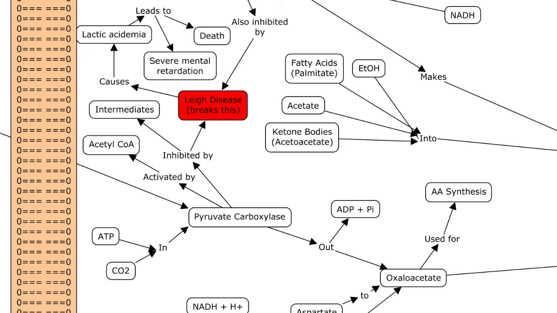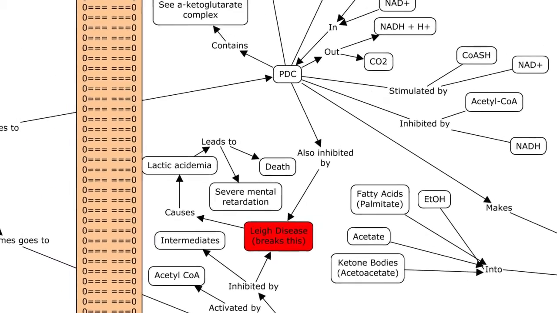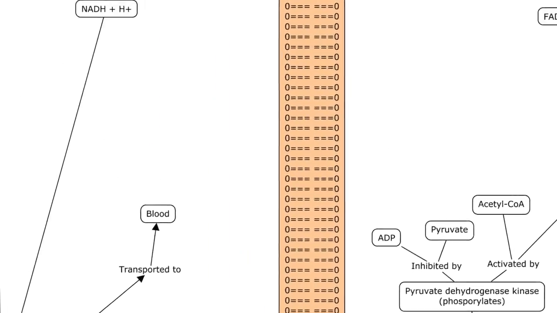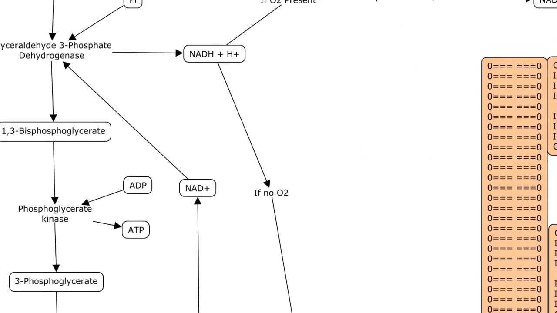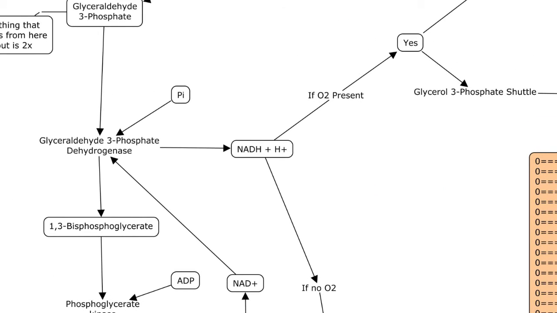So we've gone through the TCA cycle, and now we need to go back and look at those coenzymes we've been reducing, because those are going to go to the electron transport chain. So I'm going to go back to the NADH that we had made in glycolysis from glyceraldehyde 3-phosphate dehydrogenase, because all the other NADHs and FADs, or the one FAD, were generated in the mitochondria.